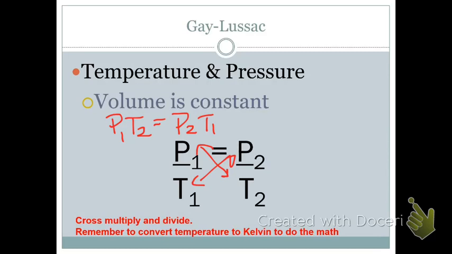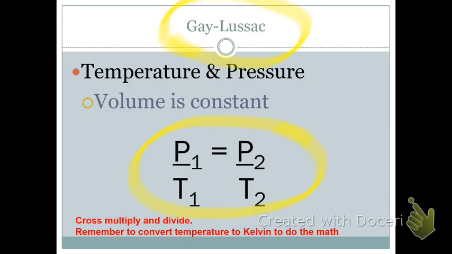The biggest thing with this, of course, is to make sure when you are calculating these problems, you remember to convert to Kelvin to do your math, okay? Your responsibility, of course, is to make sure that you know the formula for Gay-Lussac and make sure you know that that formula goes with Gay-Lussac, and that's his formula.